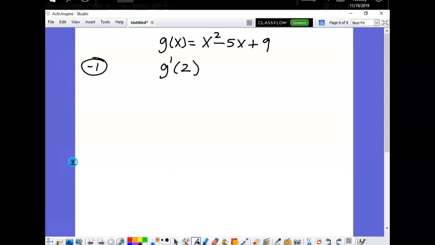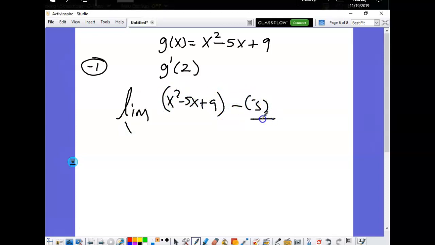I'm done, but can you tell me what the setup would be? Yeah, I got x squared minus 5x plus 9. Uh-huh. Yeah, parentheses minus 3. Good. So there's my function. Minus, that's what you get if you plug in 2. And on the bottom we have this, right? Questions about that so far?